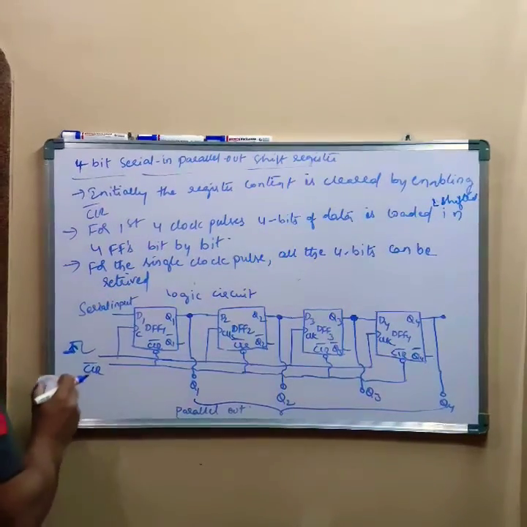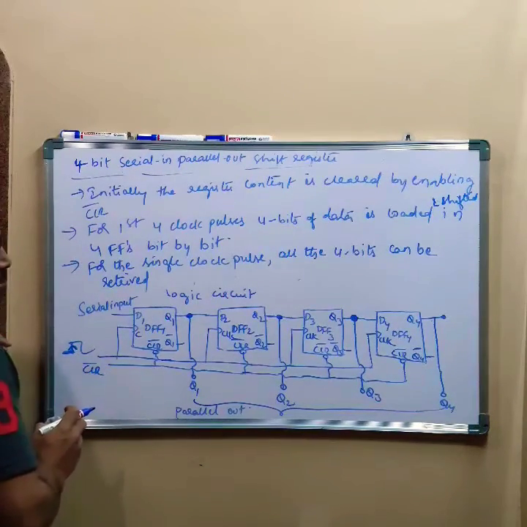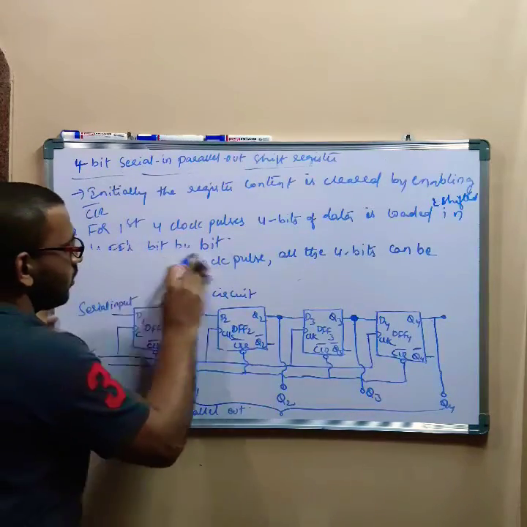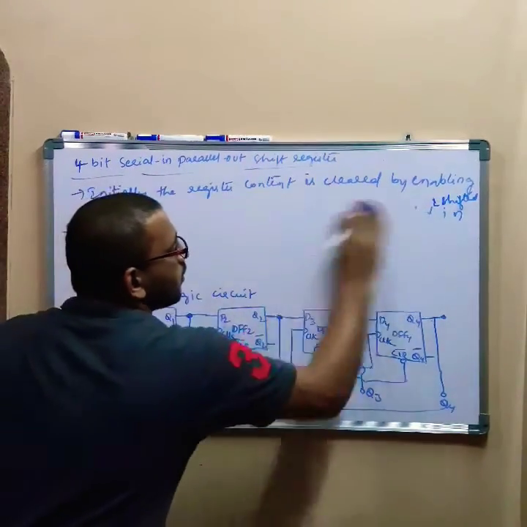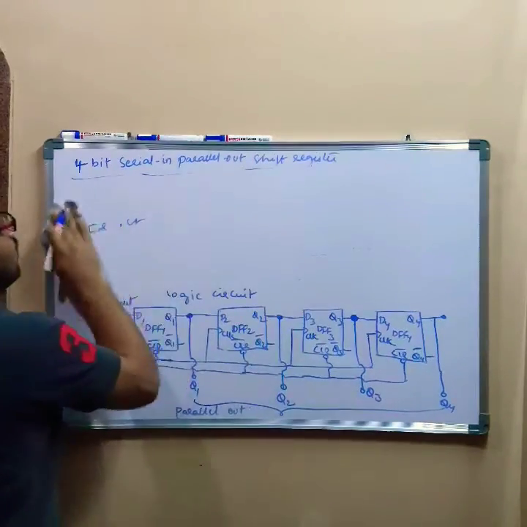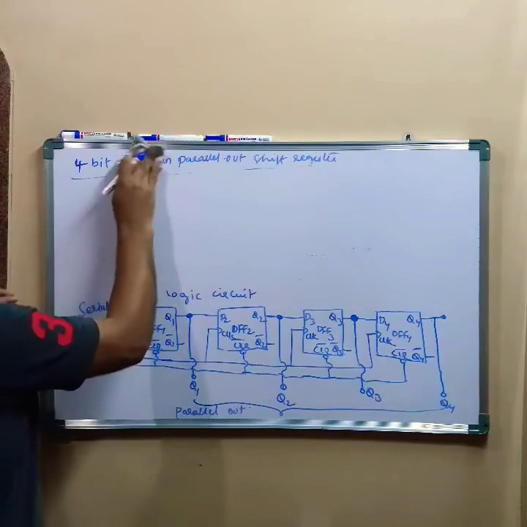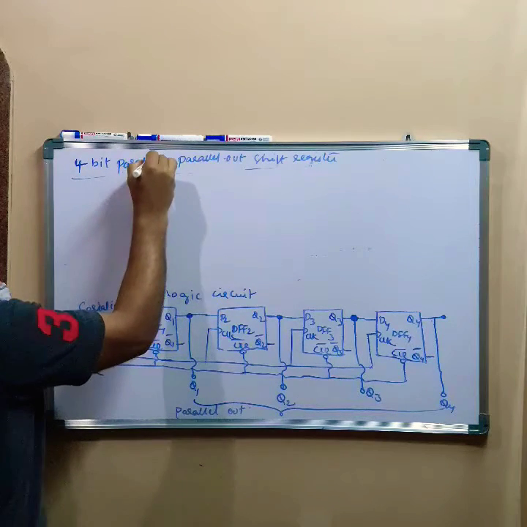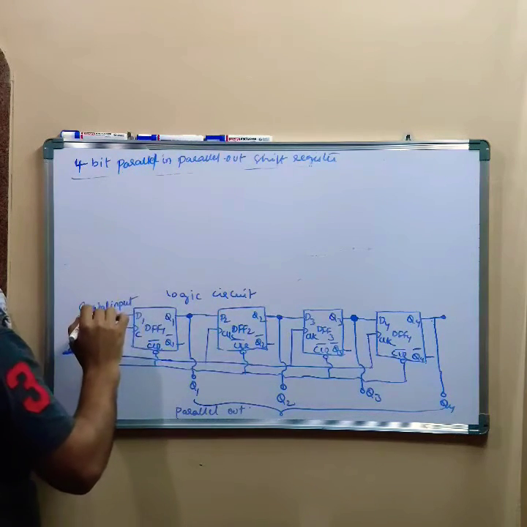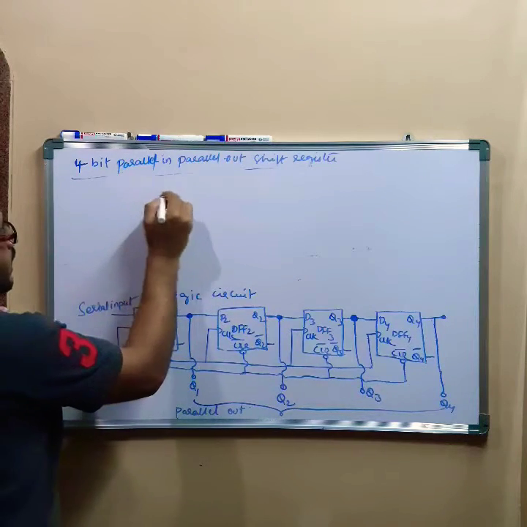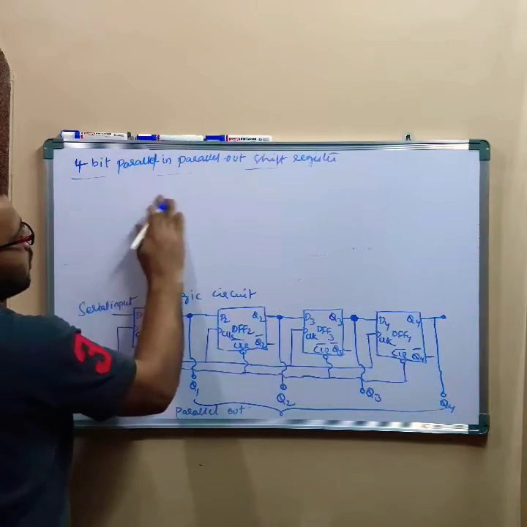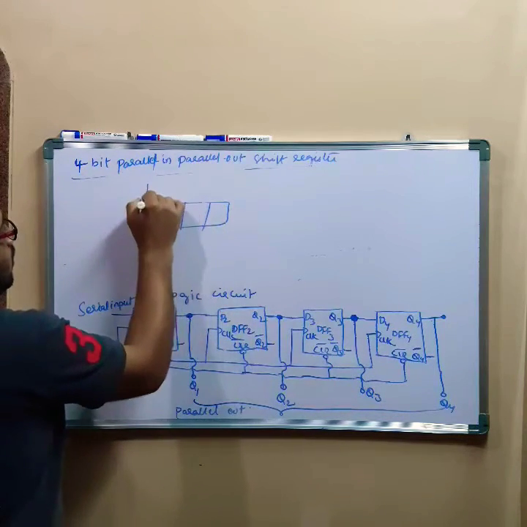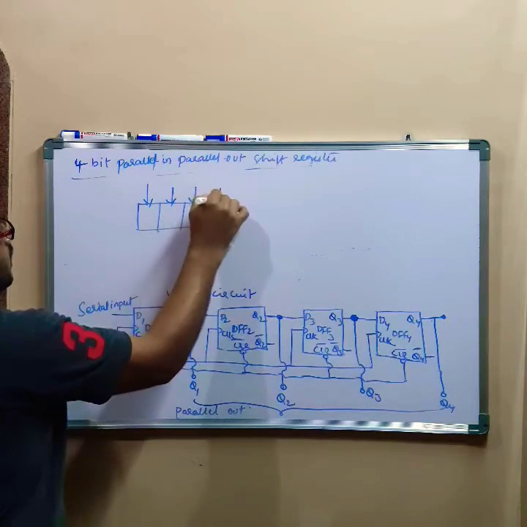So let us see the next one, parallel in, parallel out. Four-bit parallel in, parallel out, shift register. So the data transmission technique in this is, you are entering the data, all the bits at a time.